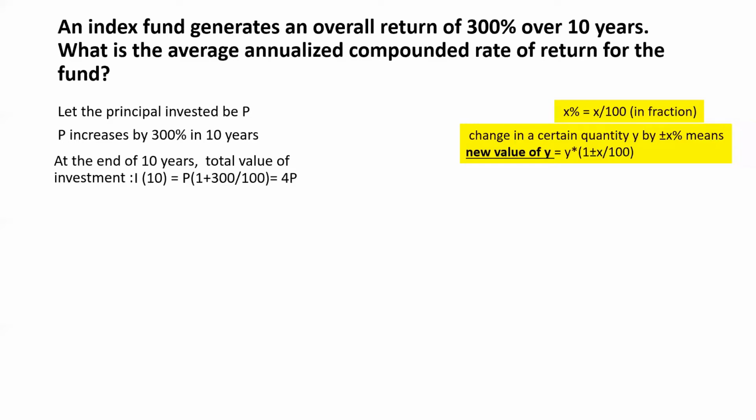So if it had worked uniformly each year, then yes, you could have probably divided by 10 and got some value there. But this is not a uniform change every year. So let's start by assuming that the annualized average return rate be R%.